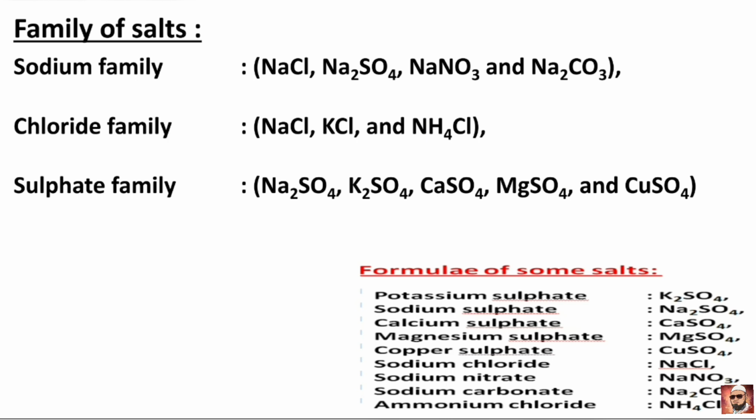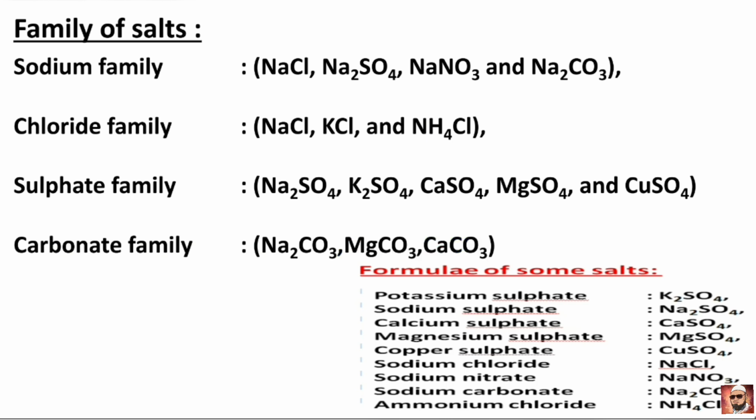In all these compounds you can see SO4, sulfate, is common, so we call it a sulfate family. In the same way, the carbonate family: sodium carbonate Na2CO3, magnesium carbonate MgCO3 and calcium carbonate CaCO3. In all these compounds, the common part is carbonate.